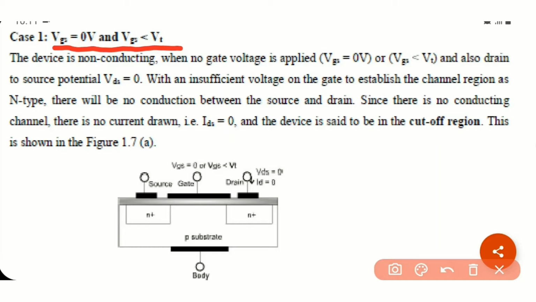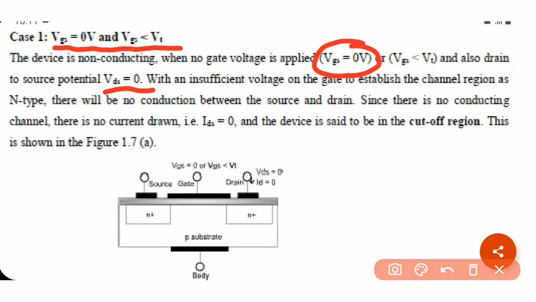When no gate voltage is applied, gate voltage is applied with respect to the source, so we write it as VGS. VGS equal to 0 or VGS is less than your threshold voltage, and also the drain source voltage is 0, that is VDS is also 0.